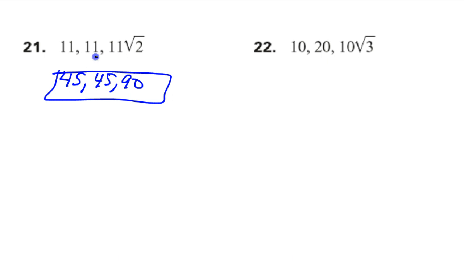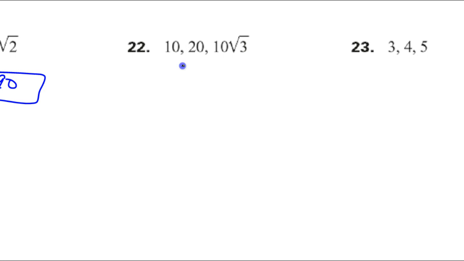Alright, I think... Oh, I thought we were done. Man, this is a long video. I apologize. This is going to be another 45-45-90 triangle. It's isosceles, and then we have leg, leg, leg radical 2. That's the pattern.